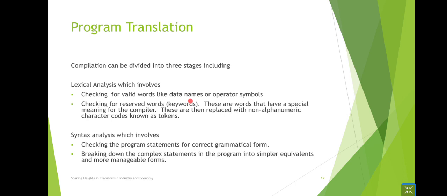It will also check complex statements, which are made up of more than one statement. We have the single statement like add number 1 and 2, that is a single statement. But you can have a block of statements that you want to be executed together. Those blocks should also make sense to the computer.